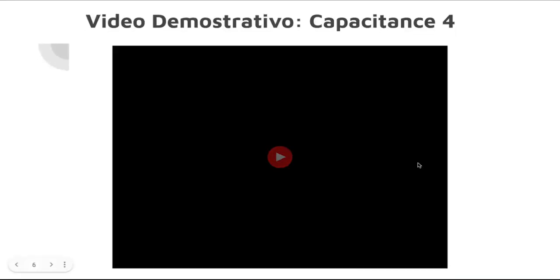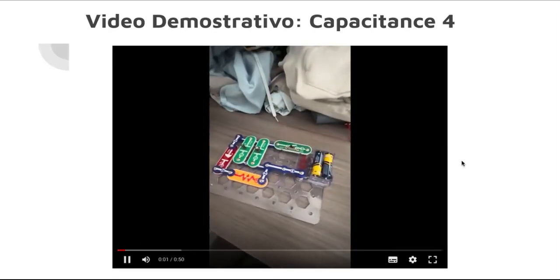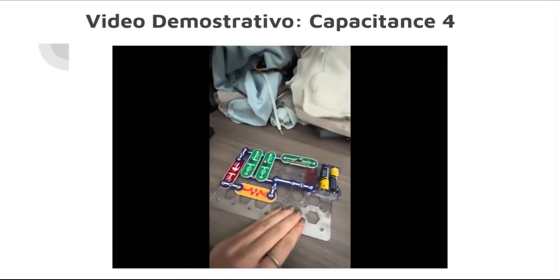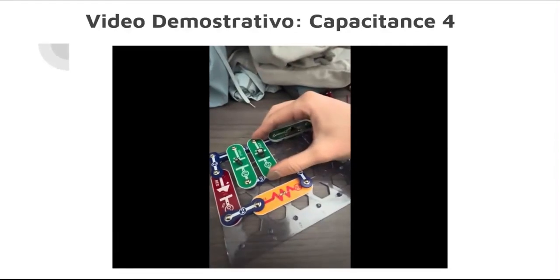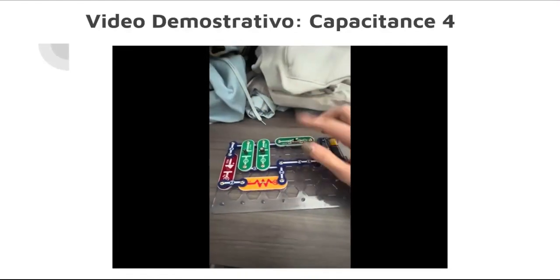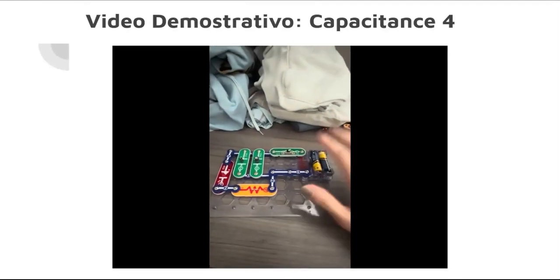This is my capacitance 4. Last but not least, this is my capacitance 4 arrangement for the circuit. I have included this 470 microfarad capacitor over here in this area, which was not there before. And that's the only thing I've changed from capacitance 3.